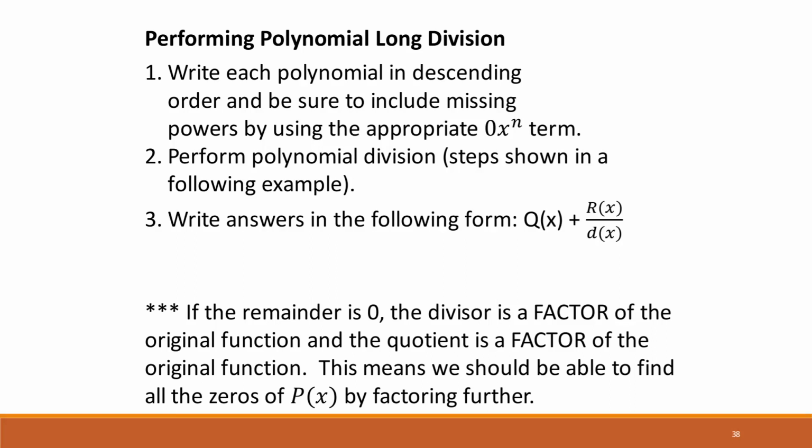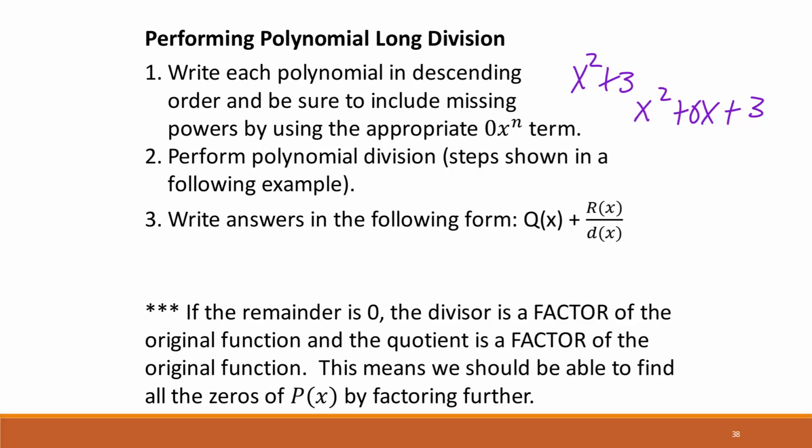When we're performing polynomial long division, we want to write each polynomial in descending order and be sure to include missing powers. So this is important. If you have x squared plus 3 here, you need to make sure that you write it as x squared plus 0x plus 3 so that you don't miss a term. That is very important.